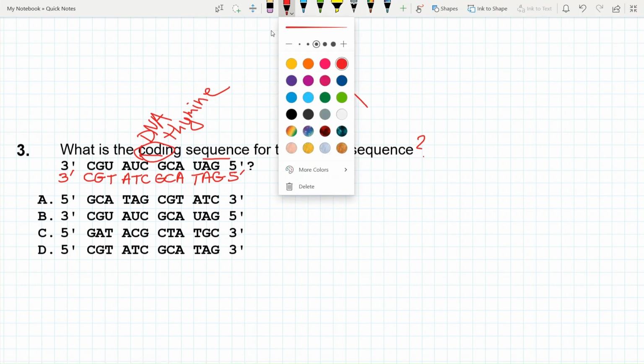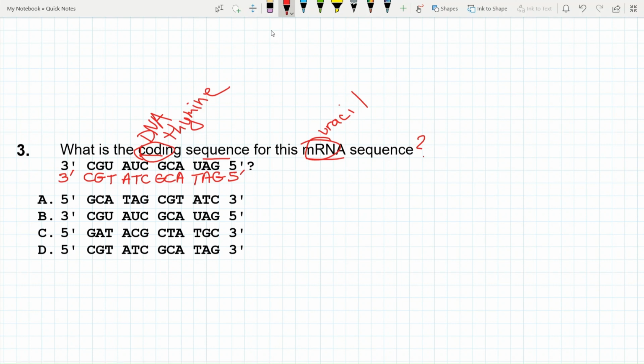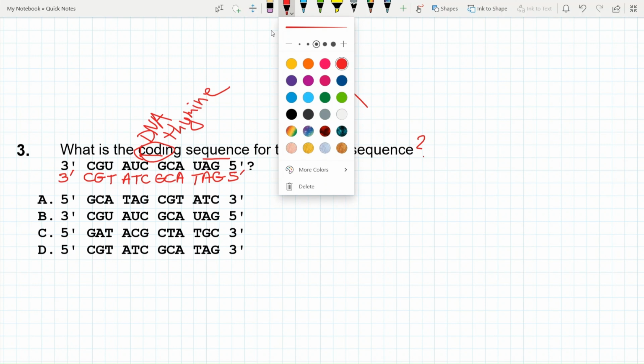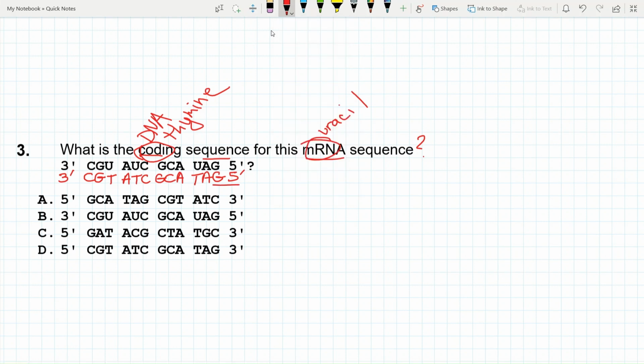The first one starts off with 5 prime GCA. Okay. If we look at our 5 prime end, we have 5 prime GAT. So this is incorrect.